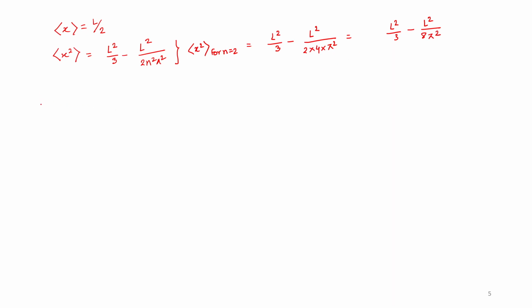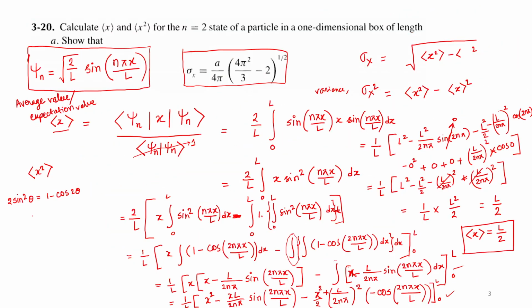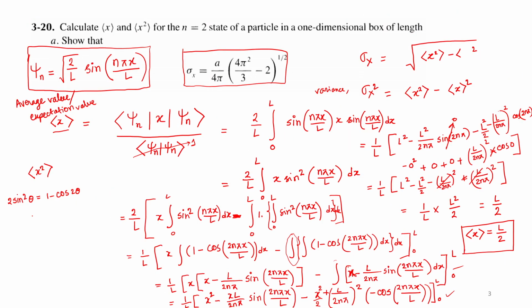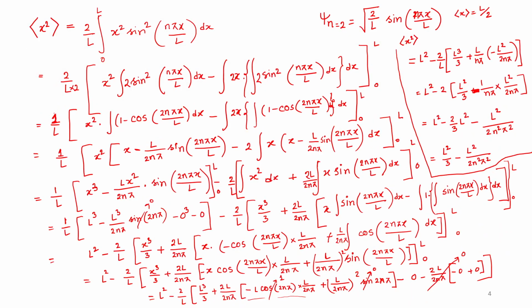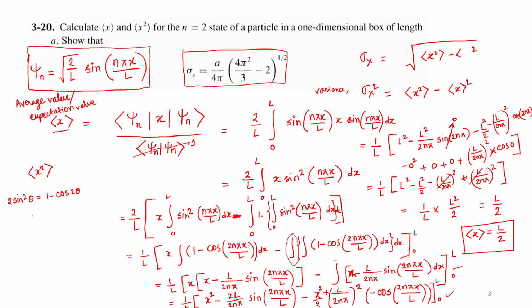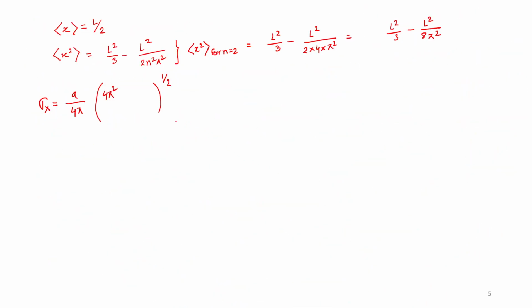So what we need to show is sigma x is equal to a by 4 pi into something, 4 pi square by 3 minus 2.